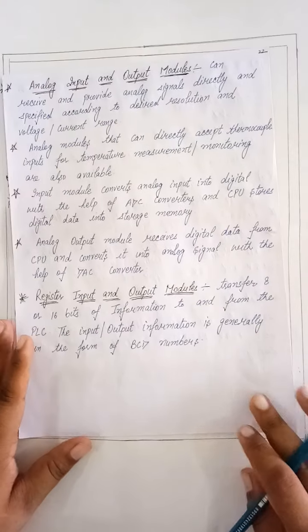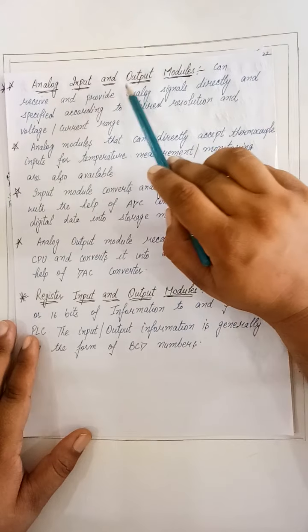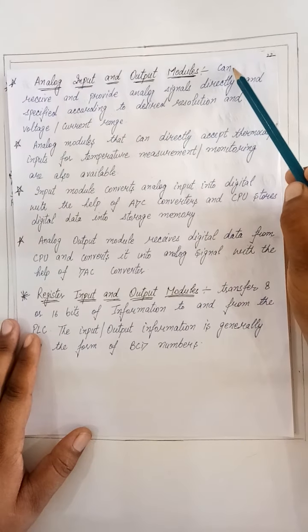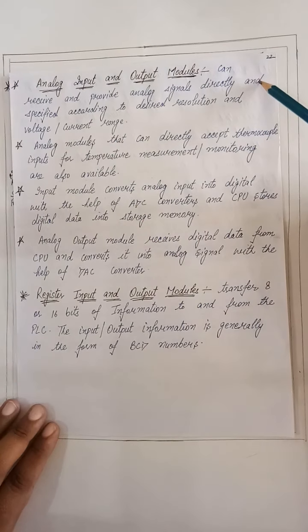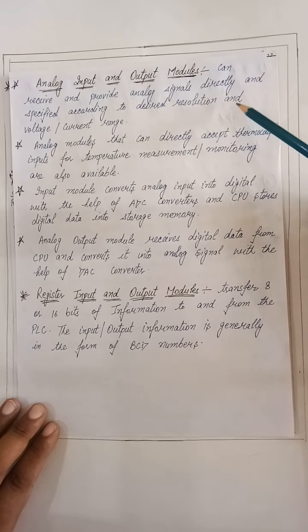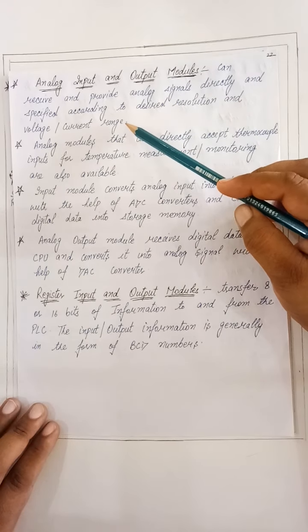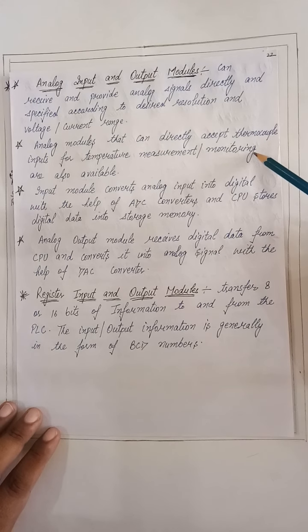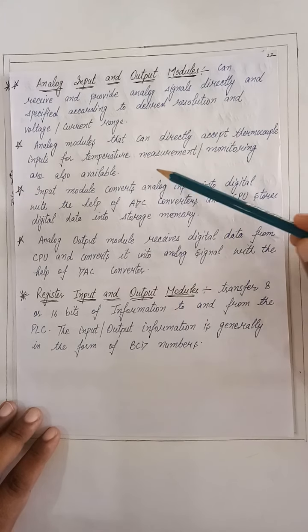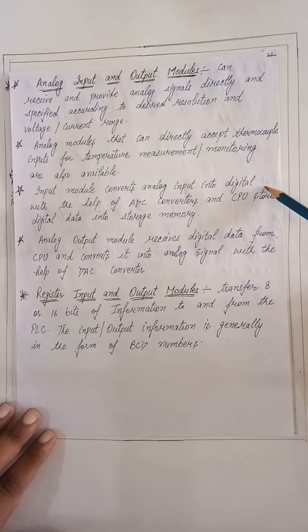The next type of modules are analog input and output modules. These modules can receive and provide analog signals directly and are specified accordingly to desired resolution and voltage current range. Analog modules that can directly accept thermocouple inputs for temperature measurement and monitoring are also available.